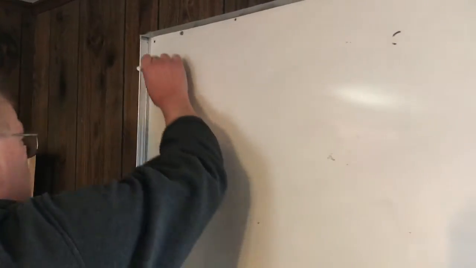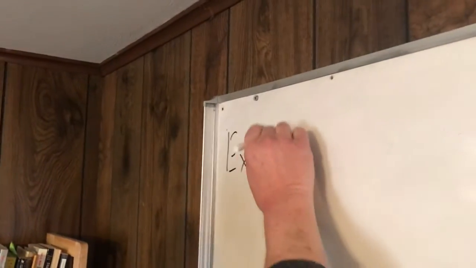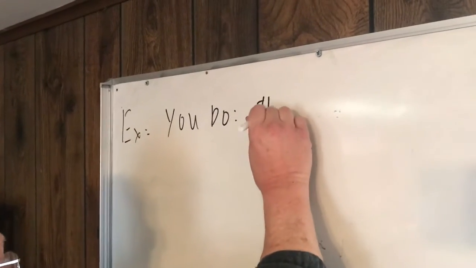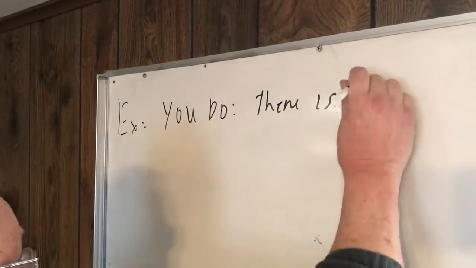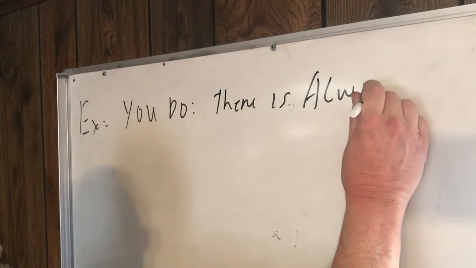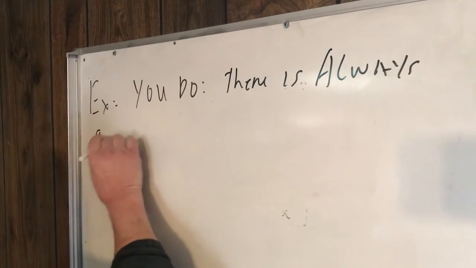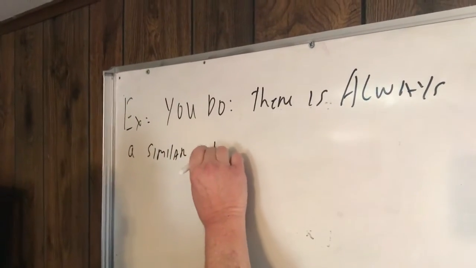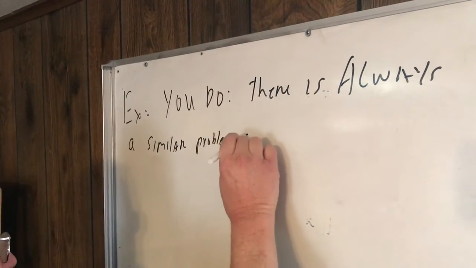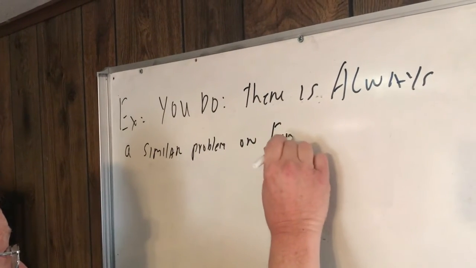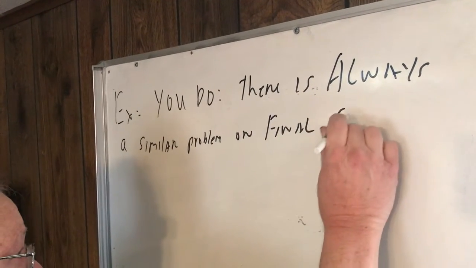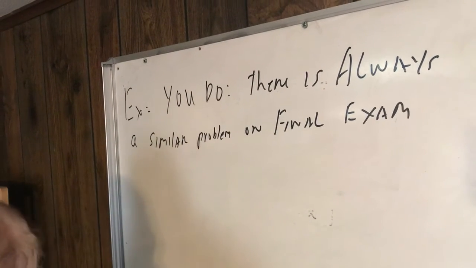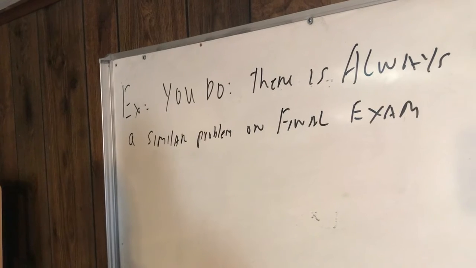So this example is a you-do, and there is always a similar problem on the final exam. What does that mean? That means that I will review this. So let me give you the problem.